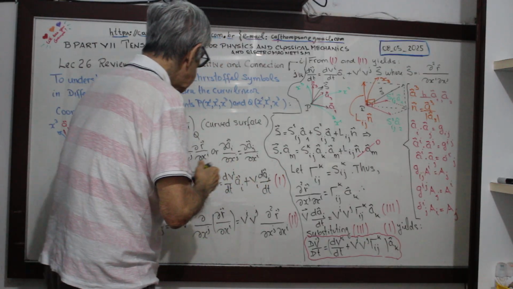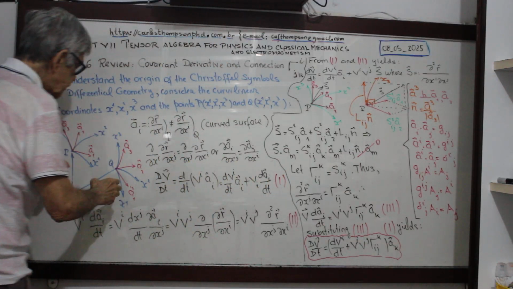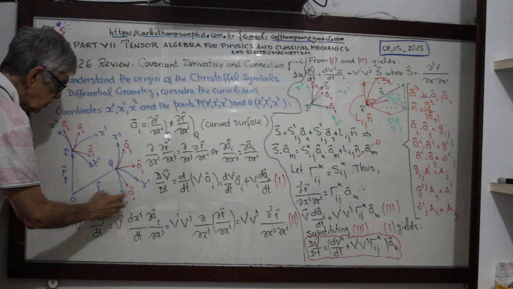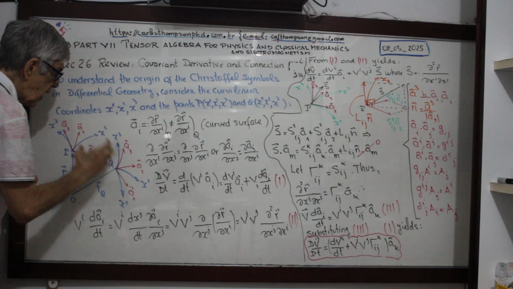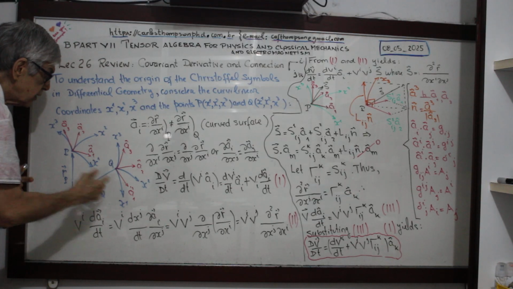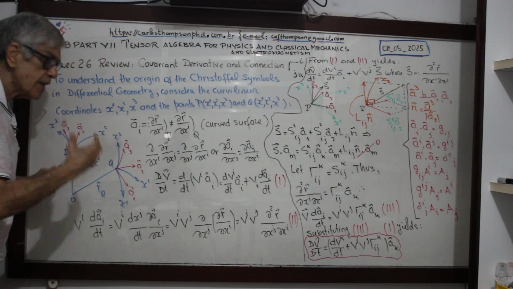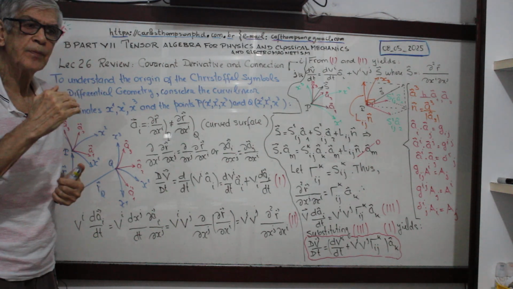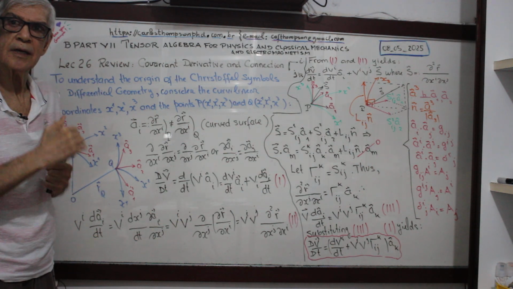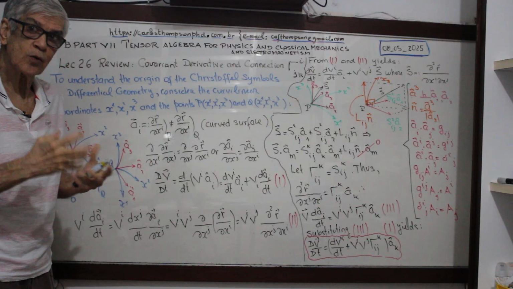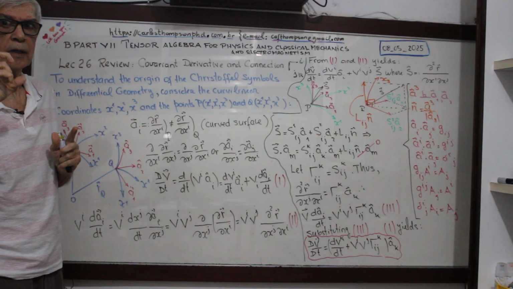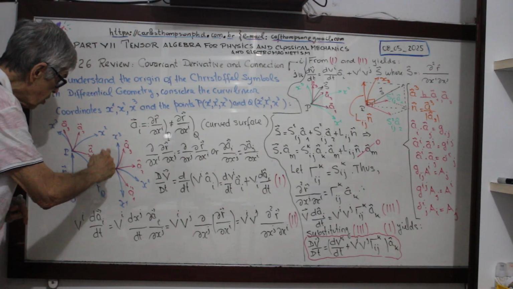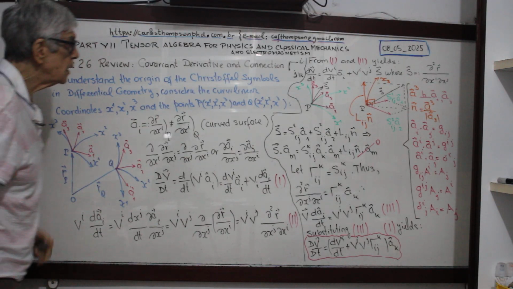I can work at the same point using this x_i and x_j. This is the covariant derivative, which belongs, attention, to the dual. This here belongs to the vector space.